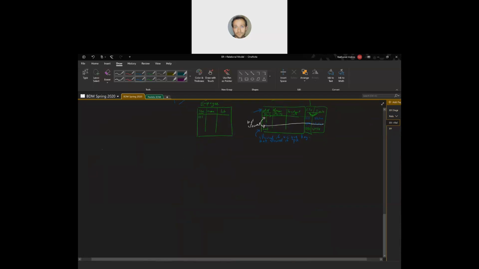If you have same colors. Here I'll just write something simpler, A, and this has some primary key A, and through some relationship R with another entity B with primary key B.